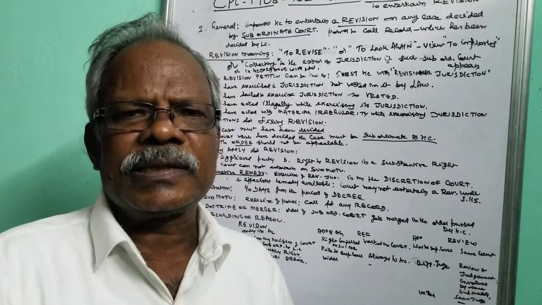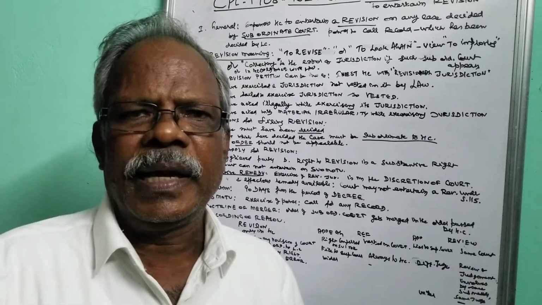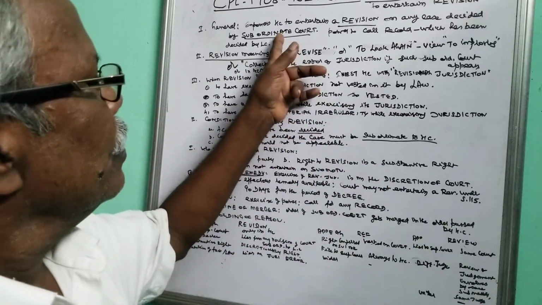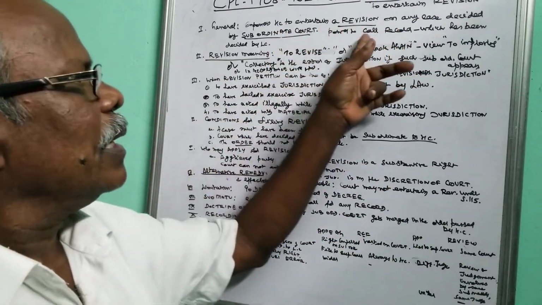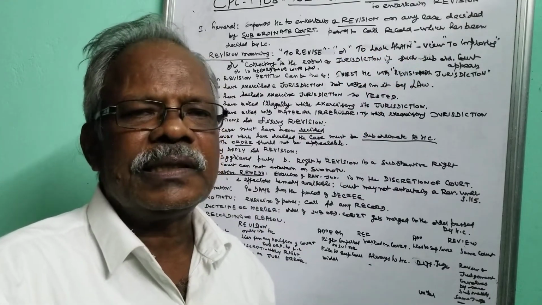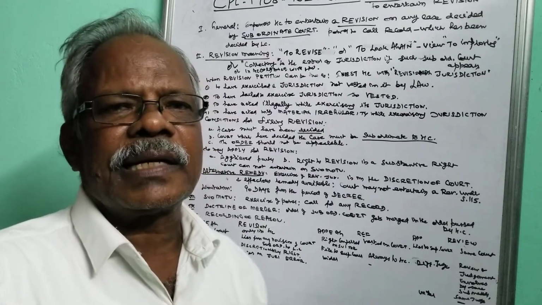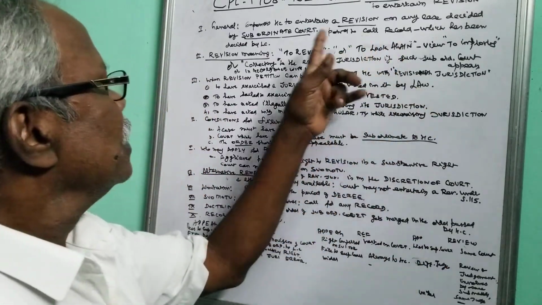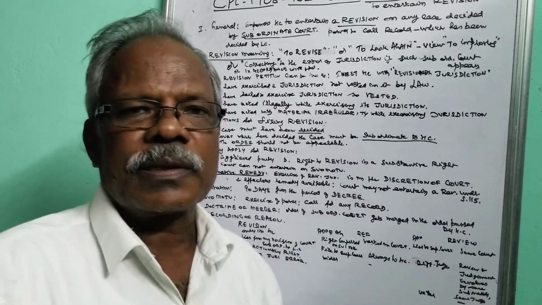In such cases the revision can be taken up by the High Court. Being the court of records, the High Court has the power to call any record from the lower courts that is decided by the lower courts.